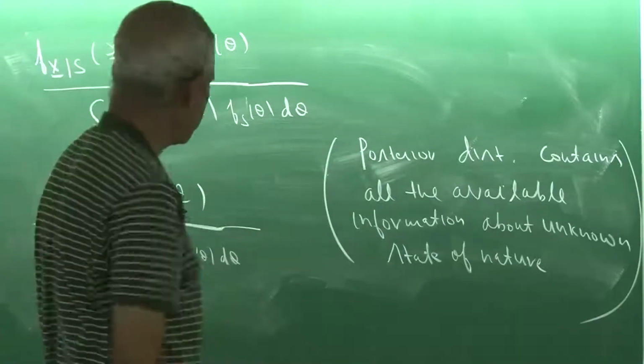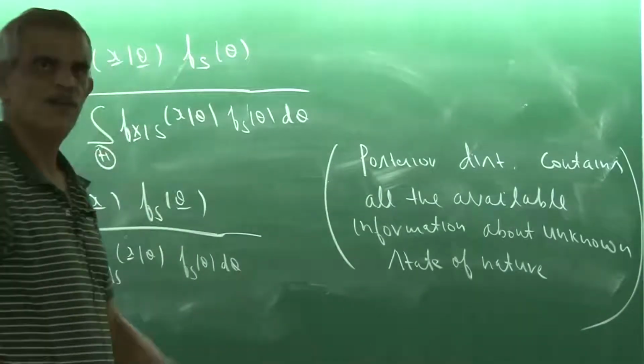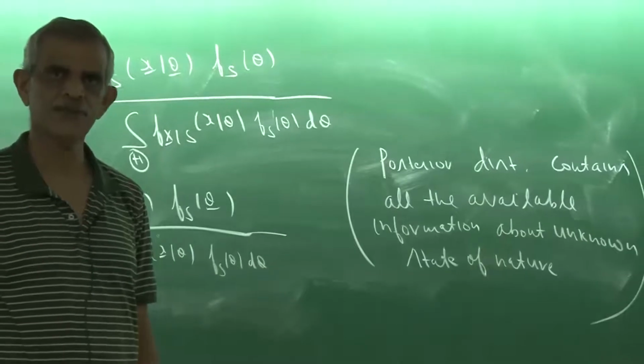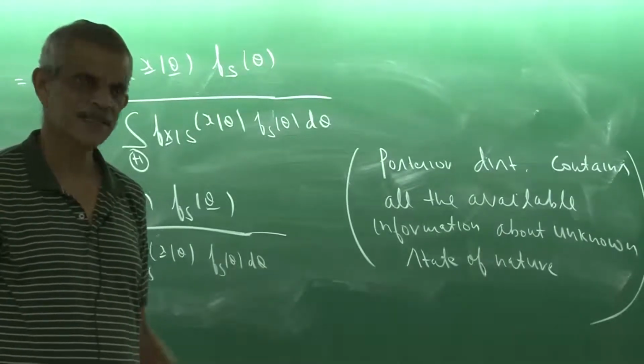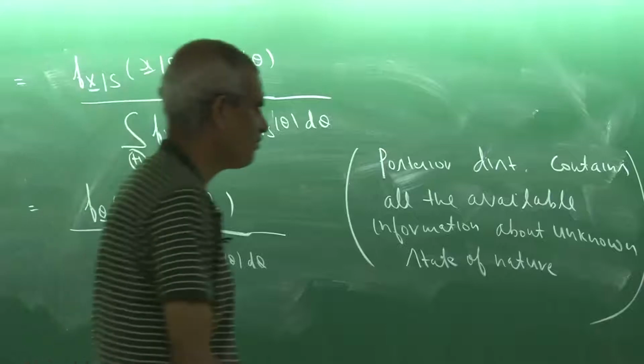And this would be justified. This is what my intuition suggests, that everything that should matter to me now is only the posterior distribution. And that would be justified theoretically as well.